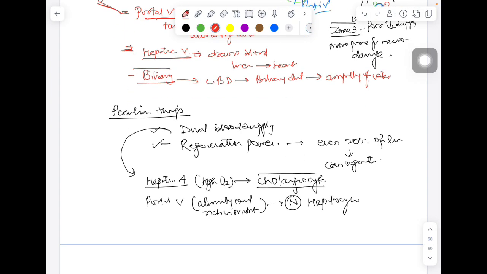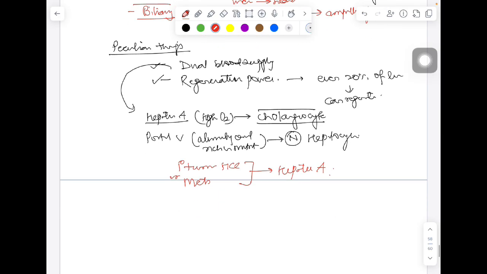So what about metastasis and lesions? Even primary tumors like HCC or mets are supplied by the hepatic artery. This is important because the metastasis or primary liver tumor is supplied exclusively by the hepatic artery.